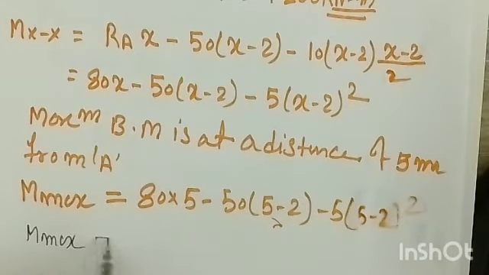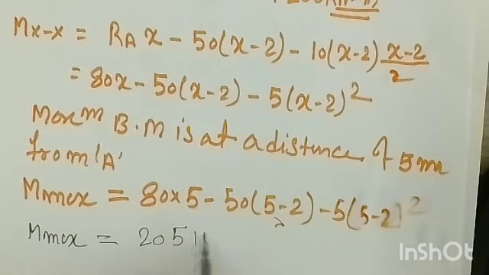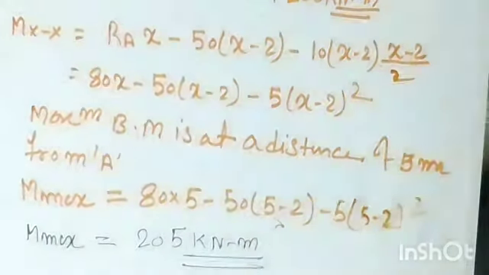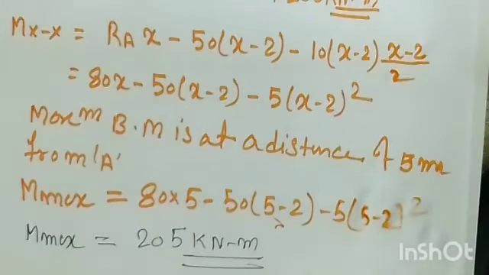M max is equal to 205 kilonewton meter. So we got the shear force as well as the bending moment at each point, and also the maximum bending moment. Now we need to draw the SFD and BMD diagram based on this data.